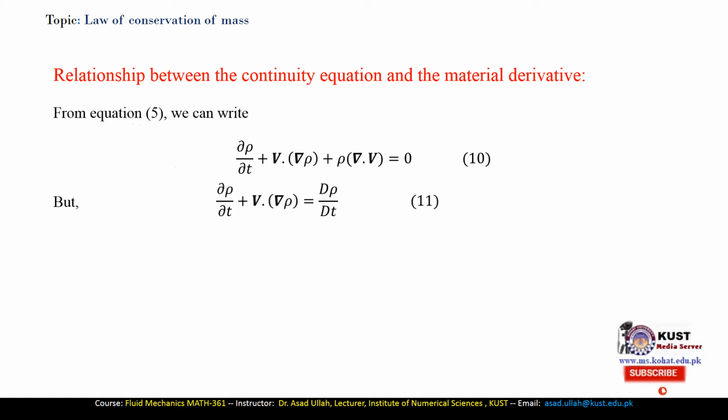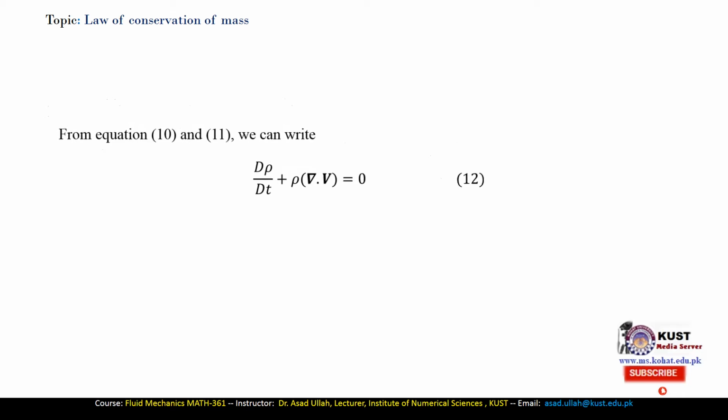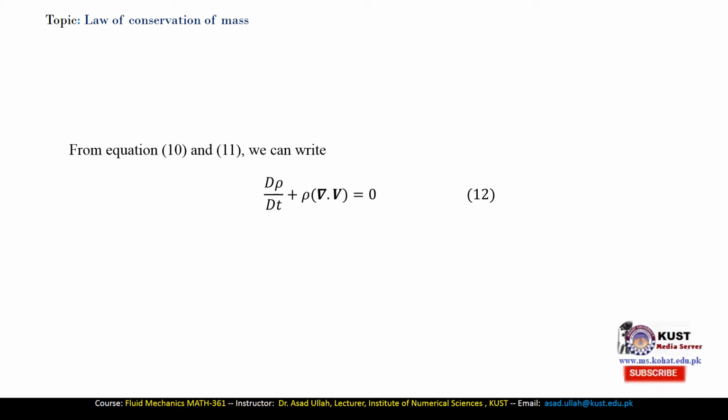Now, we know that material derivative is defined to be in the form of equation number 11. So using equation number 11 in equation number 10, that is this part will be replaced with the material derivative, and we get the result in the form of equation number 12. Now equation number 12 shows the relation between the continuity equation and the material derivative.